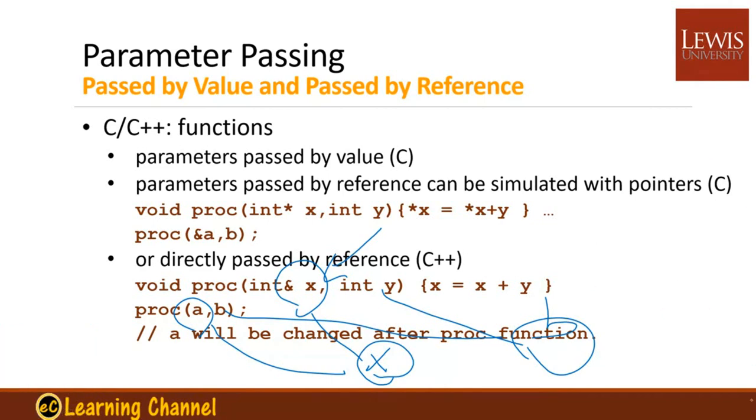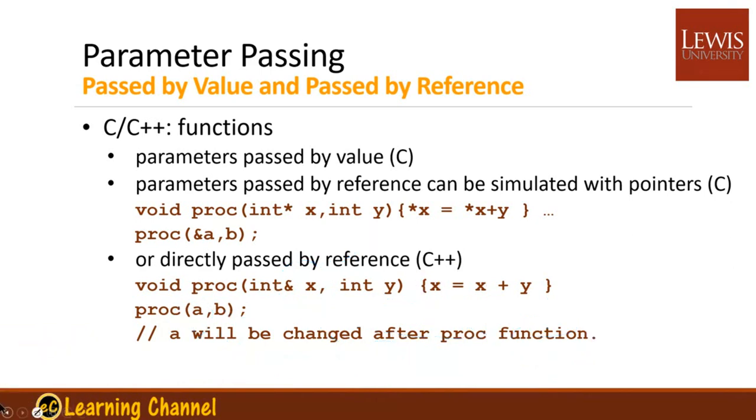So that's what we call call by reference, but it is actually called by passing the alias into your function, and that x becomes an input-output variable. You can pass data into the function through that x, and you can also modify the data in the x variable.